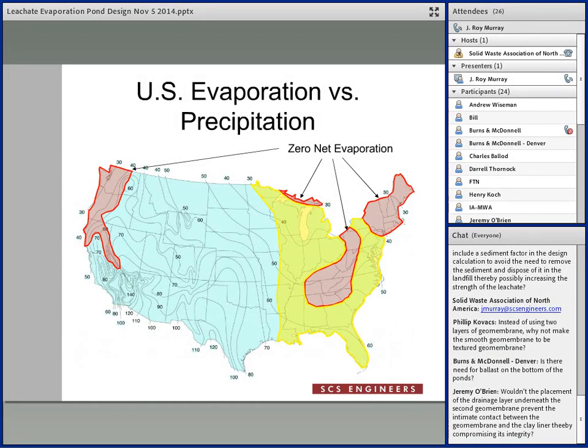Wouldn't the placement of the drainage layer underneath the second geomembrane prevent intimate contact between the geomembrane and the clay liner, therefore compromising its integrity?